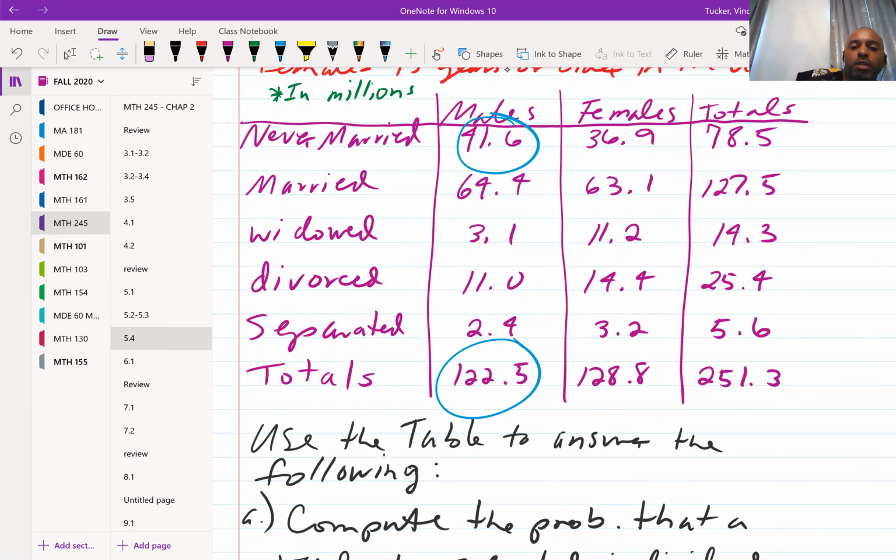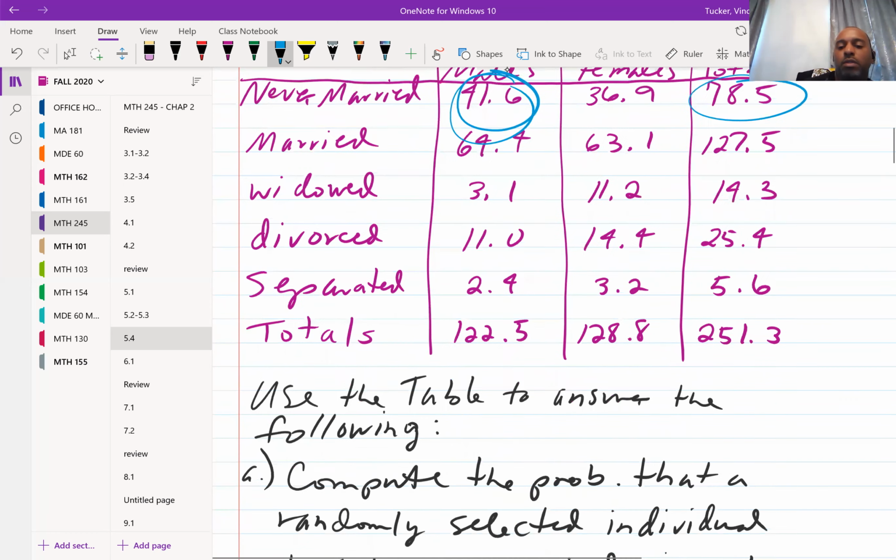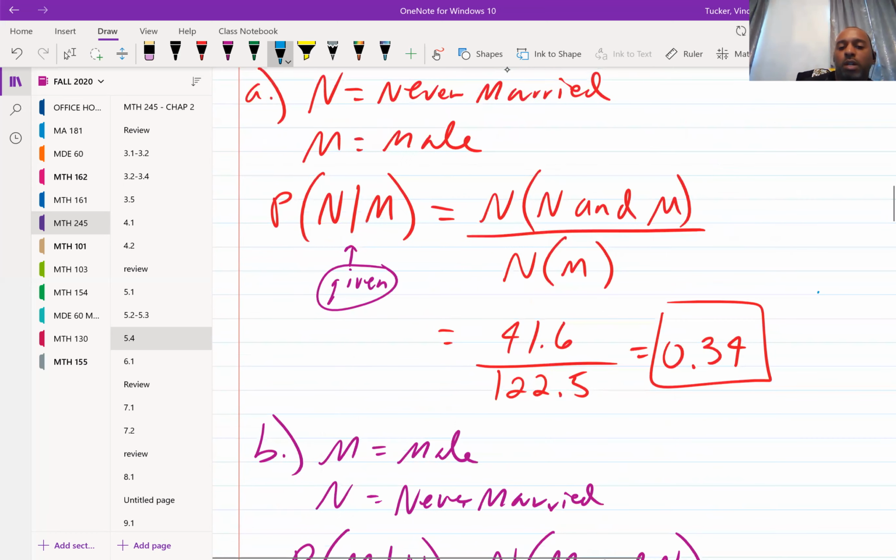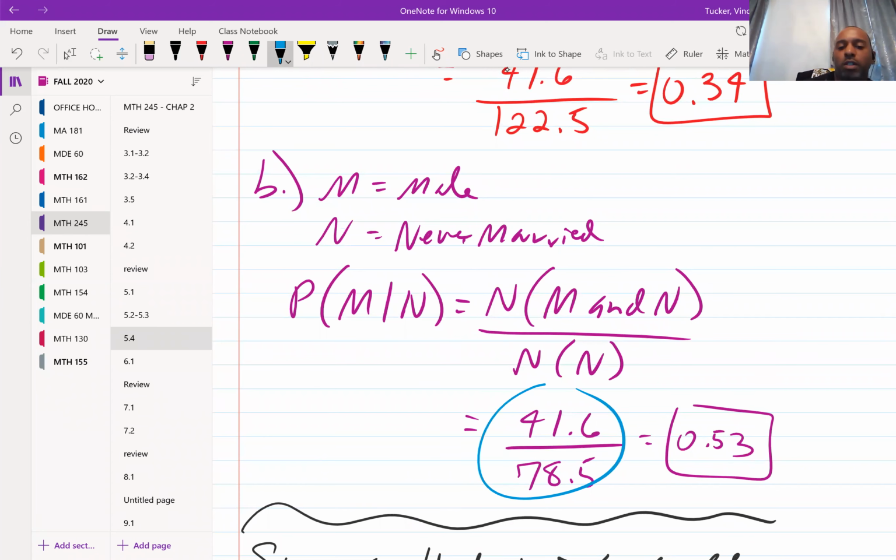So going back up here, never married and male still 41.6, but never married in total is 78.5. And so that's what I did, 41.6 over 78.5, and that's 0.53, or a 53% chance.